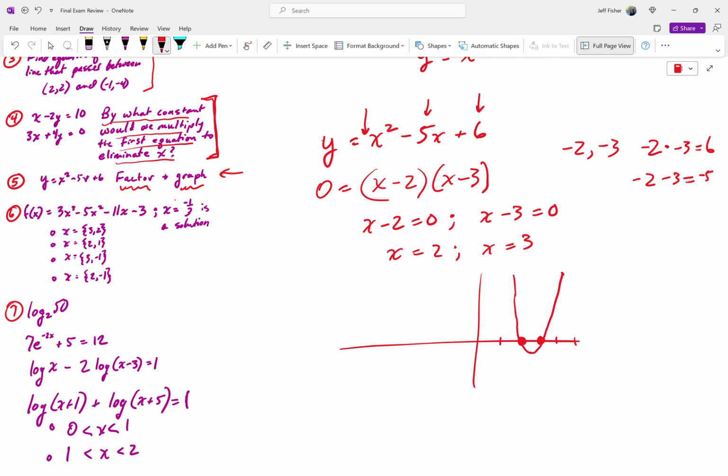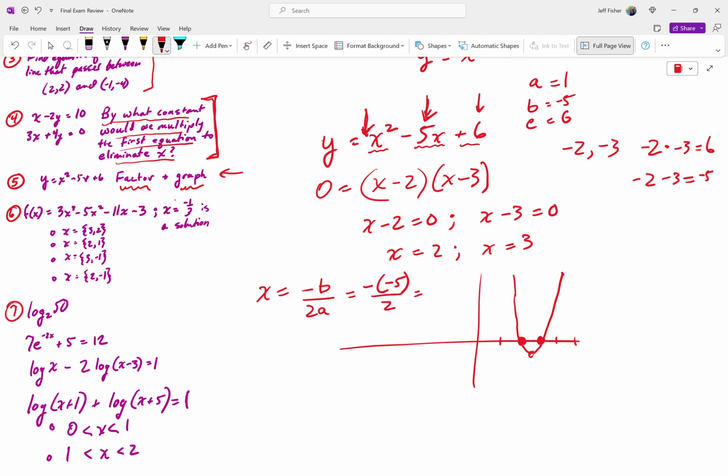But the big question is, where is this vertex? Well, the x-coordinate of the vertex can always be found by the formula negative b over 2a. And again, in this polynomial, x squared minus 5x plus 6, a equals 1, which is this coefficient. b is negative 5, which is that coefficient, and c is 6. So if we take x equals negative b over 2a, this is the opposite of negative 5 over 2 times 1.